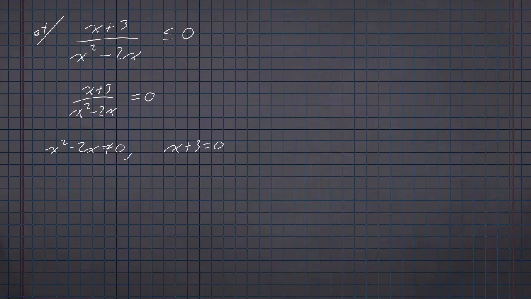Right? The inequality, x squared minus 2x not equal to 0, we can solve by factoring. There's a common factor of x, leaving behind x minus 2. And the zero product rule works for an inequality just the same way it does for an equality.